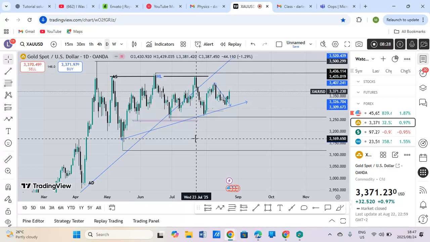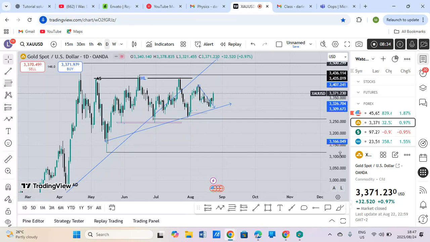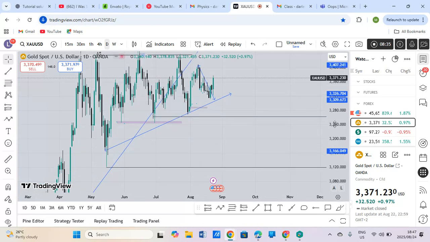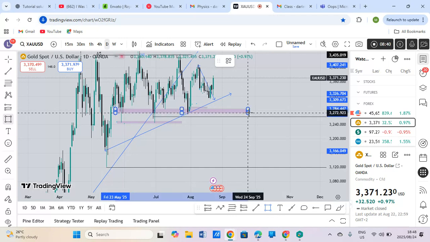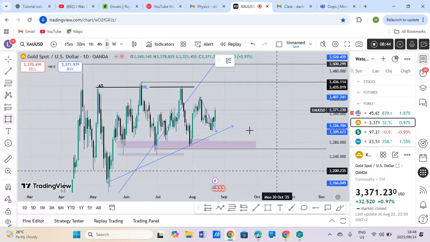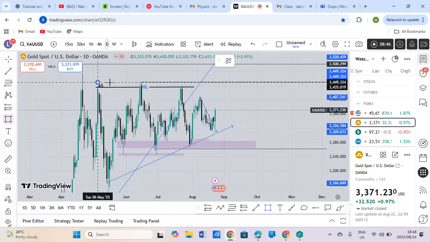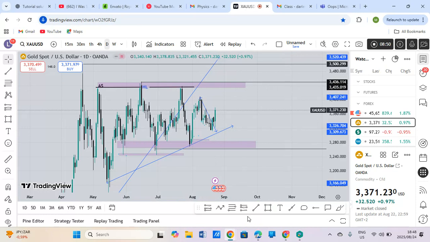So what I'm looking out for is that I'm also seeing a correction here. I don't know if you can see it on a weekly time frame. This correction I'm seeing here, chat, is something else.